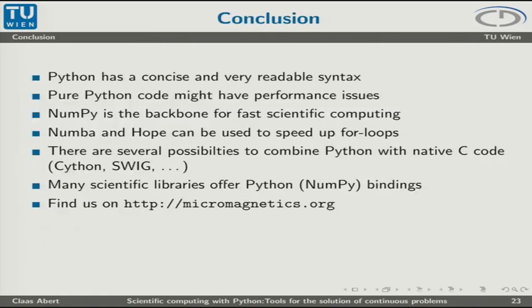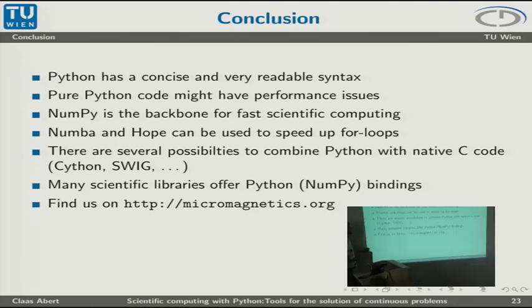Okay, and with that, I want to conclude. We chose Python as language because of its concise and very readable syntax. I showed you that pure Python code, for example, for loops might have performance issues, and it's best to use NumPy for these kind of problems and try to always go for collective operators, so you avoid for loops.